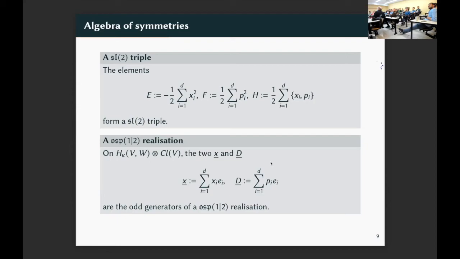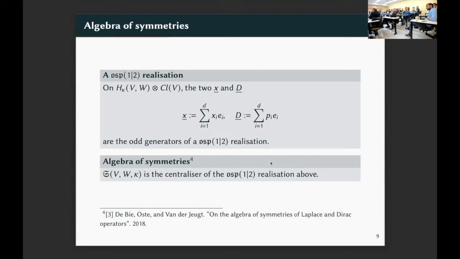Because we are tensoring with Clifford, we also have a Lie algebra OSP(1|2) realization inside this algebra given by the vector variable and the generalized Dirac operator. So they are all generators of our OSP(1|2) realization. What we are studying is an algebra of symmetries.